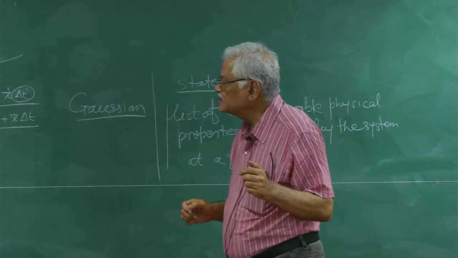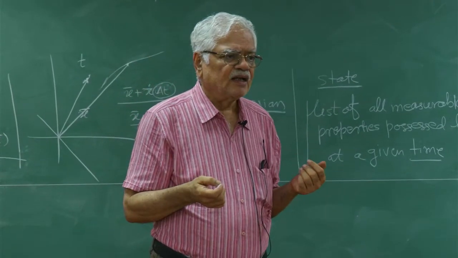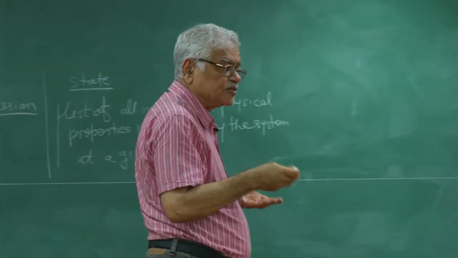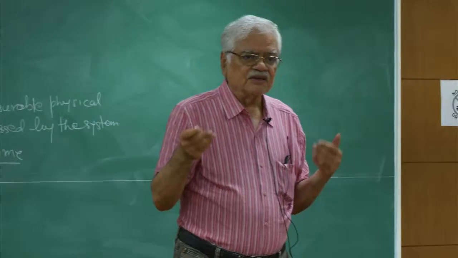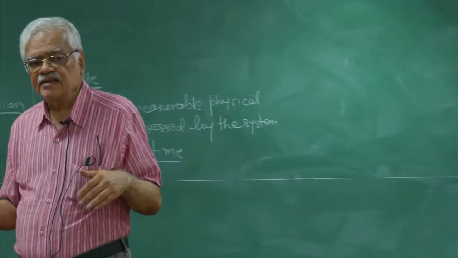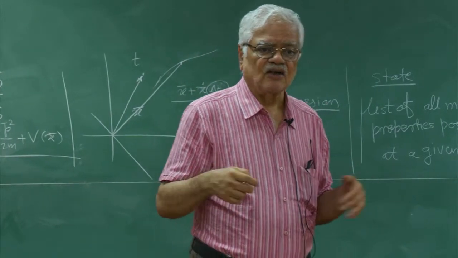So now the question is, let us take the case of a quantum particle. The question is whether the quantum particle has a differentiable and continuous path. This is a fundamental question, and you have to answer it by performing an experiment, because you cannot answer it offhand like that.